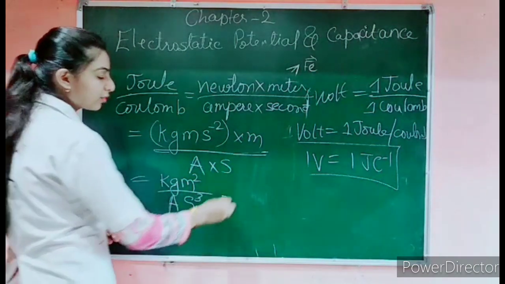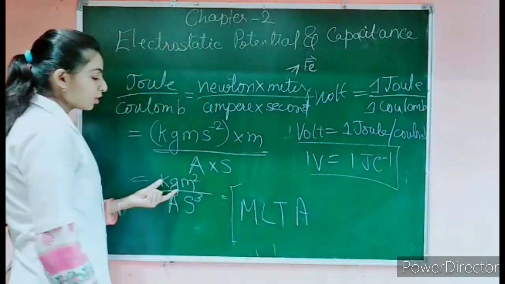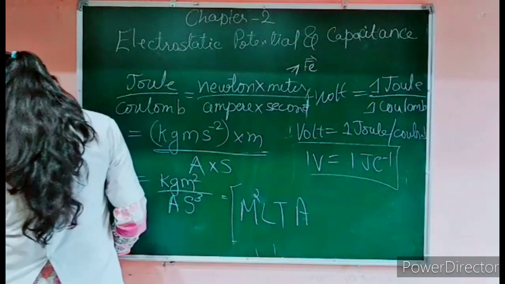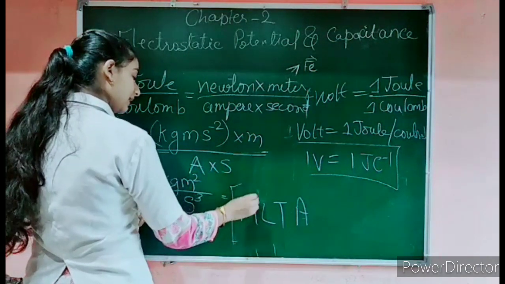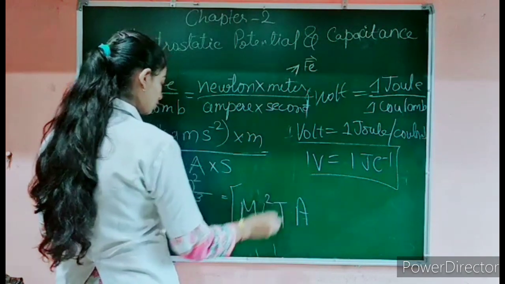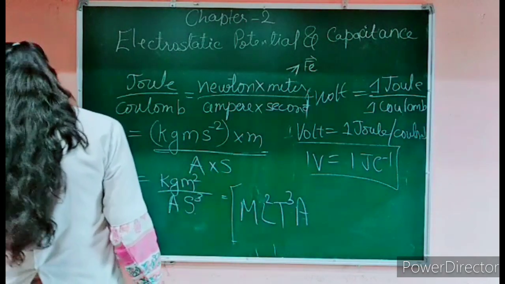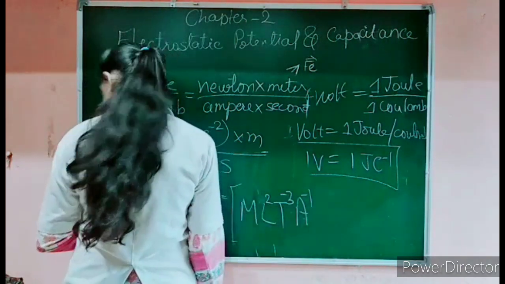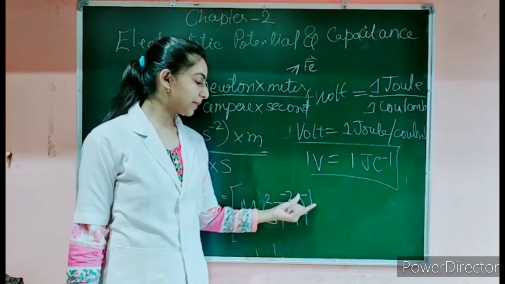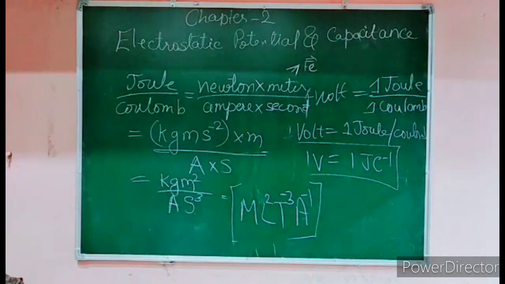Now, to represent it in the form of M, L, T, A: length will be 2, time will be minus 3, ampere will be minus 1. So M L square T minus 3 A minus 1 is the dimensional formula for electric potential. Okay?